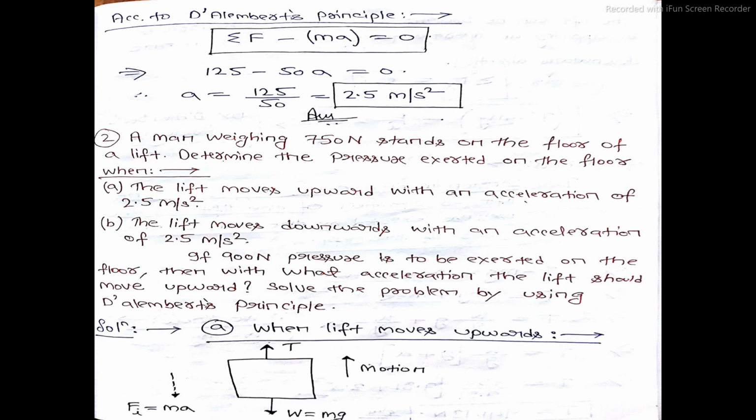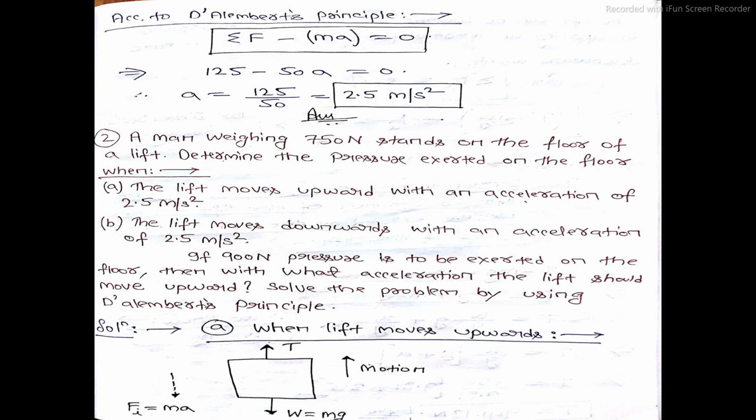That means in that lift a man is standing whose weight is 750 Newton. Fine. So when the lift moves upward with some acceleration, how much is the pressure exerted on the floor of the lift? That you need to find out in the first part of the problem.